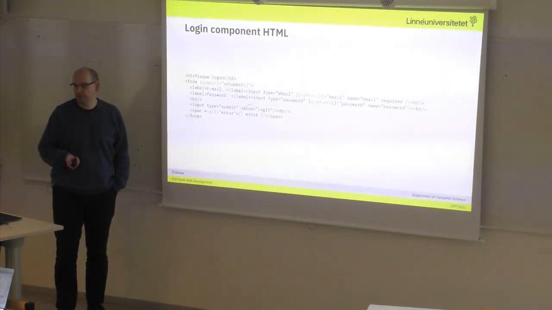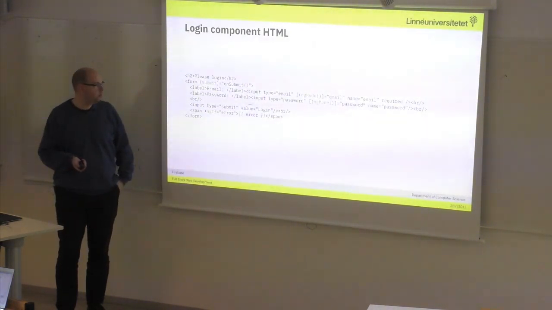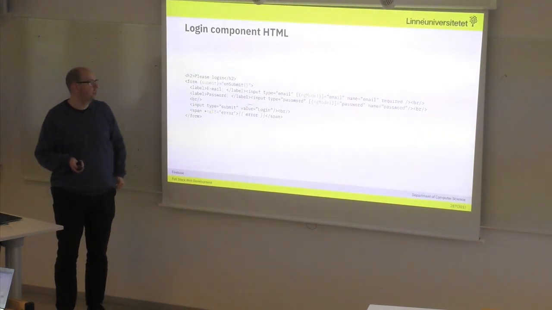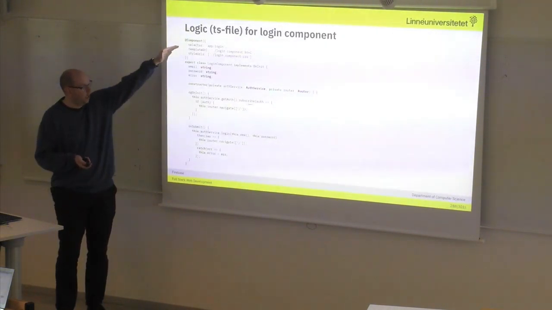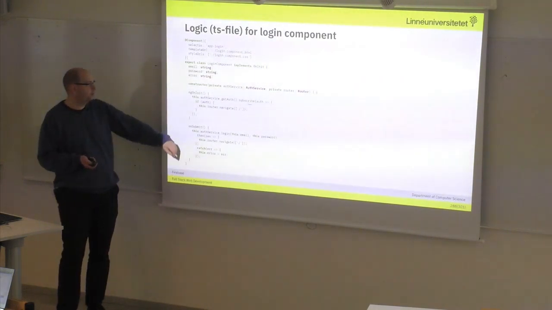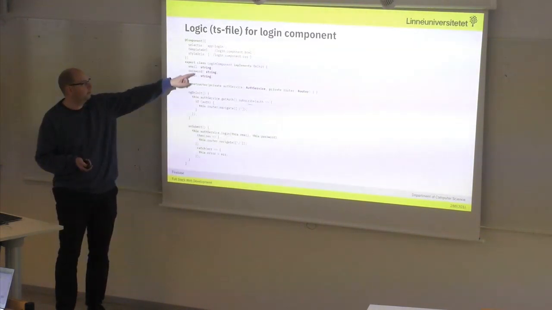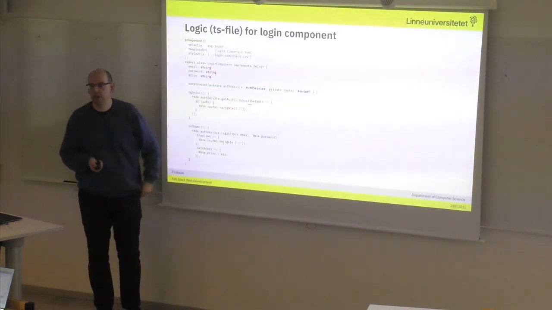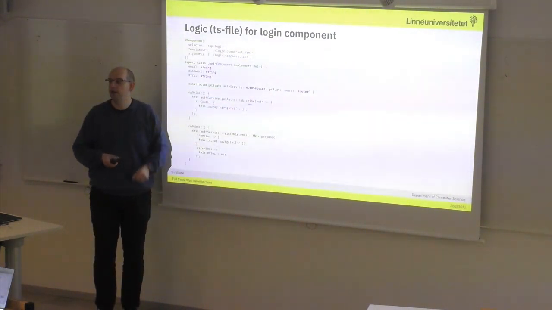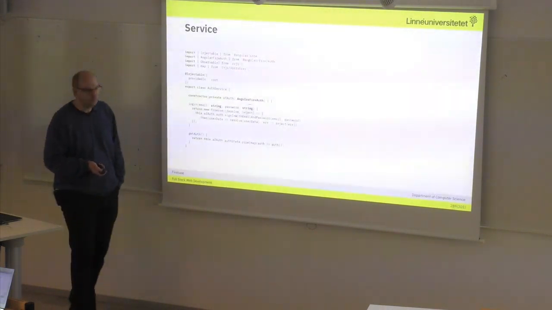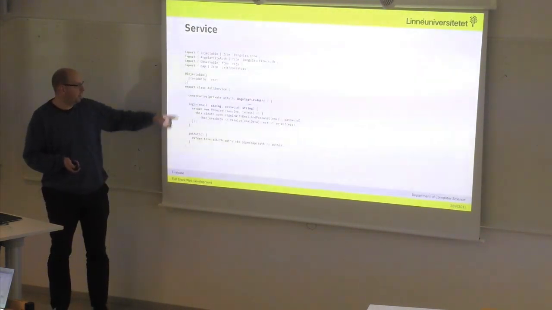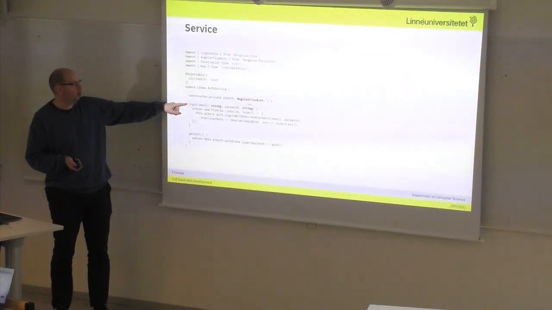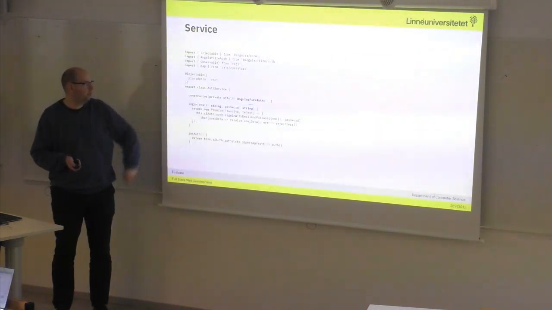It's fairly straightforward. Create a component which just calls the onSubmit. This is our service for authentication, which in itself, it's a login component, uses auth service and router because we want to route to the correct place. The service in itself checks the login, sends in an email and a password.